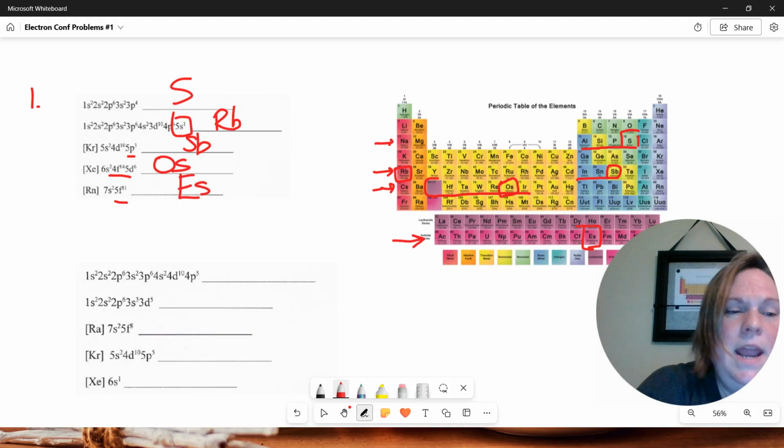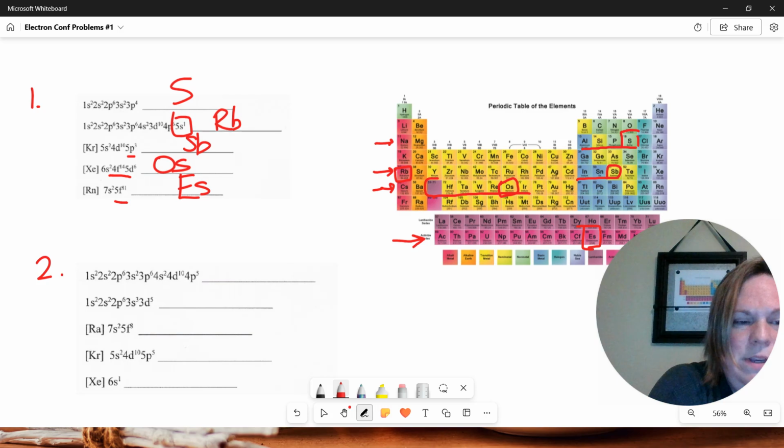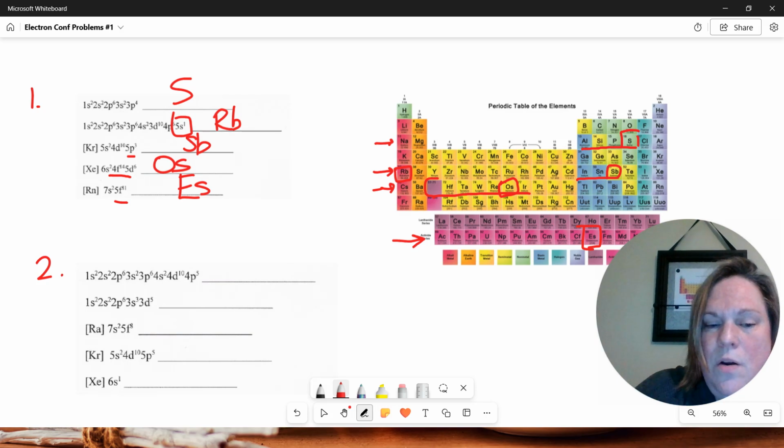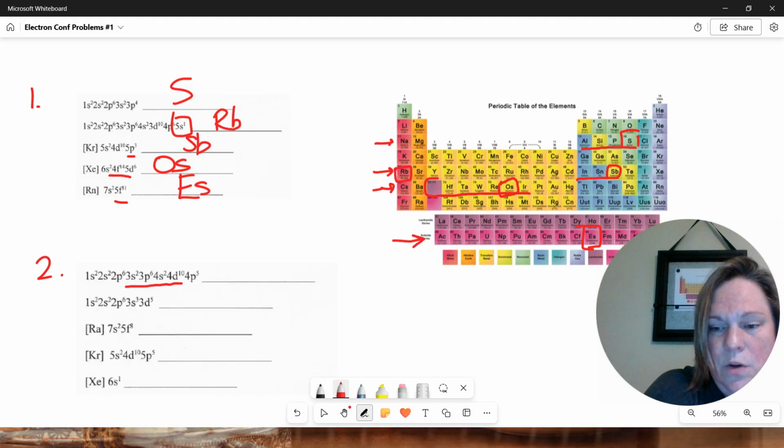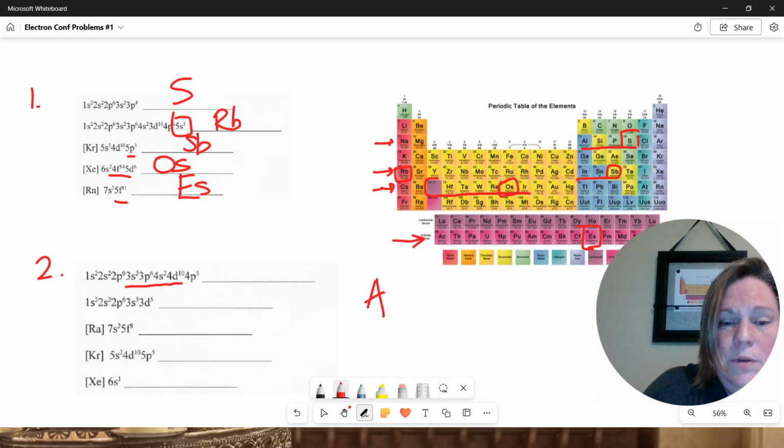All right. The next set of problems that we're going to do down here, there are mistakes, and we need to find the mistakes. Looking at the first one, I'm seeing that the person that wrote this wrote things in chronological order. That is not correct. The Aufbau principle tells us that we must fill from lowest energy to highest energy.